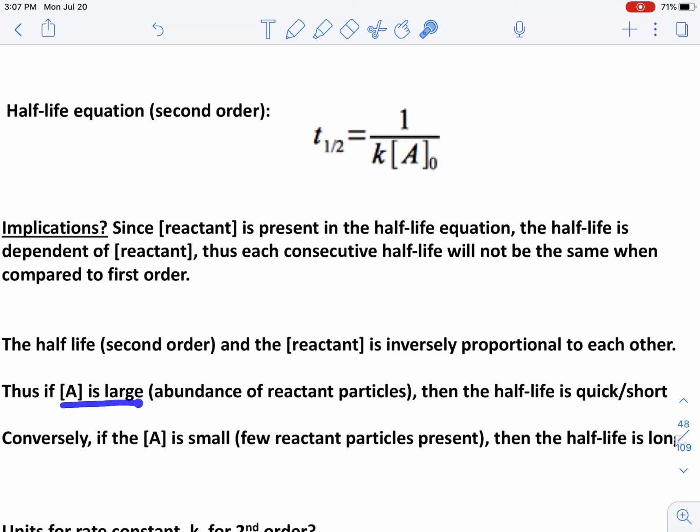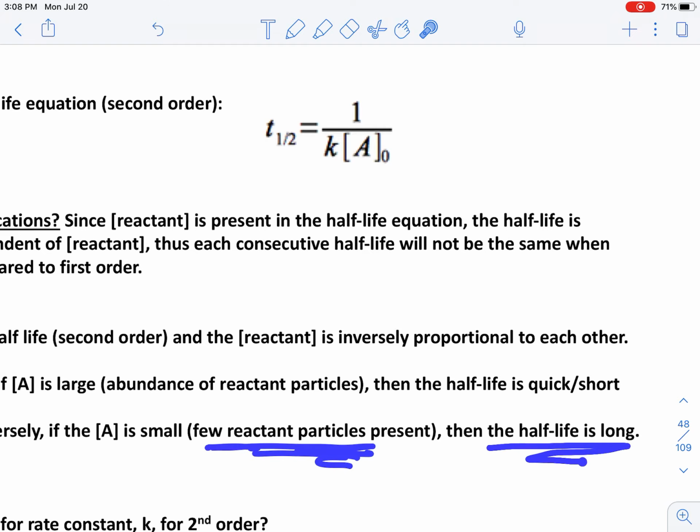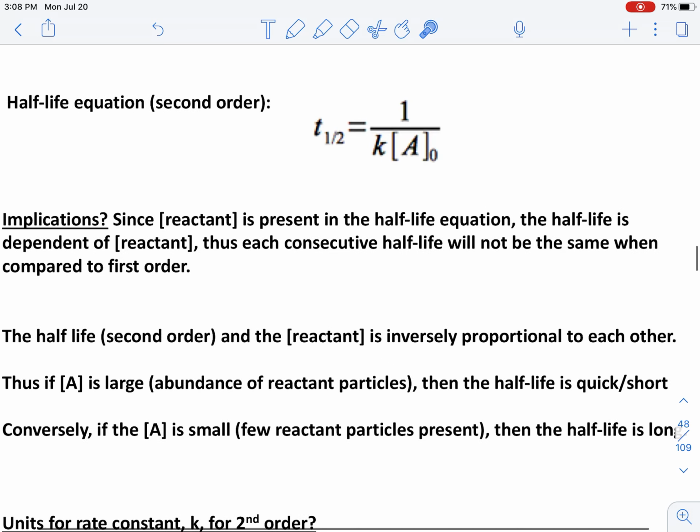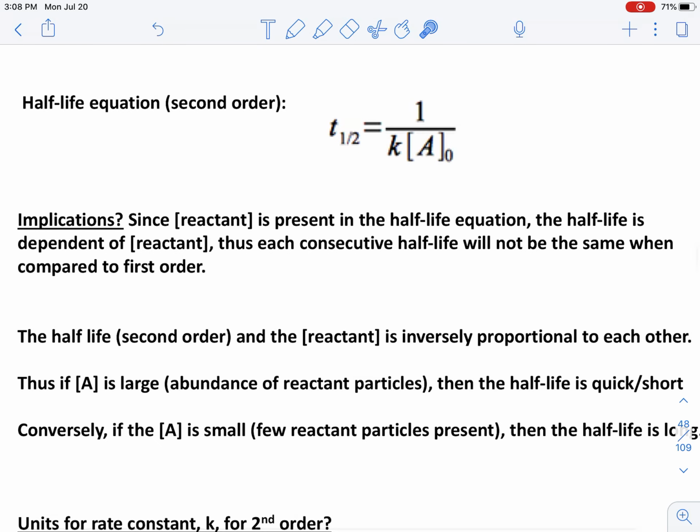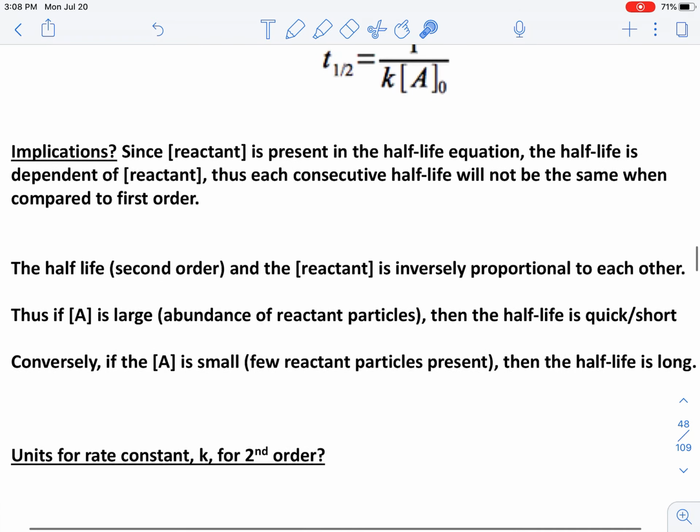So if the concentration of A is large, then the half-life is short, is small. Conversely, if the concentration of reactant A is small, meaning there are few reactant particles present, then the half-life is going to be much longer. Okay? And so that's a trend that can be observed simply by looking at the relationship of the concentration of the reactant and that of the half-life. They're inversely proportional to each other.